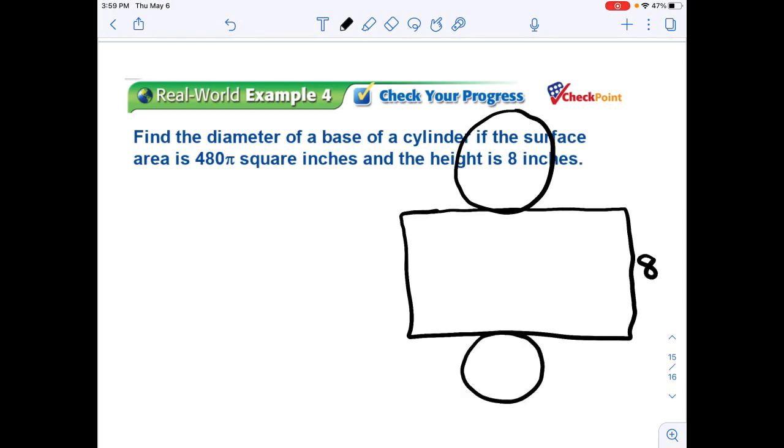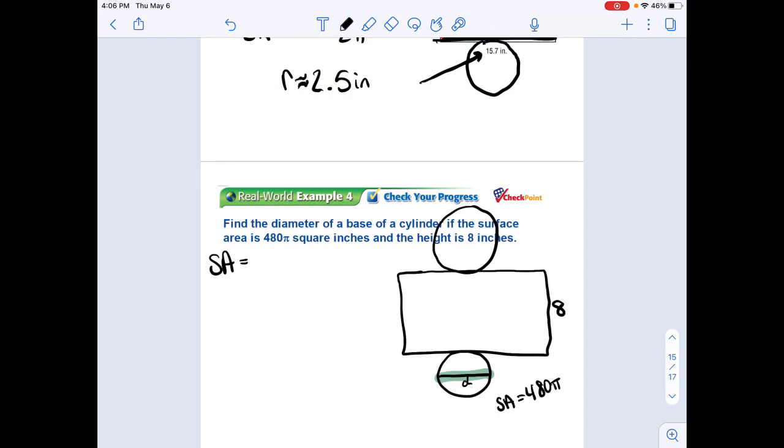We know our height here is 8. We know our surface area is 480 pi. We are trying to find the diameter, D. Okay, so this one is a bit of a tricky one.